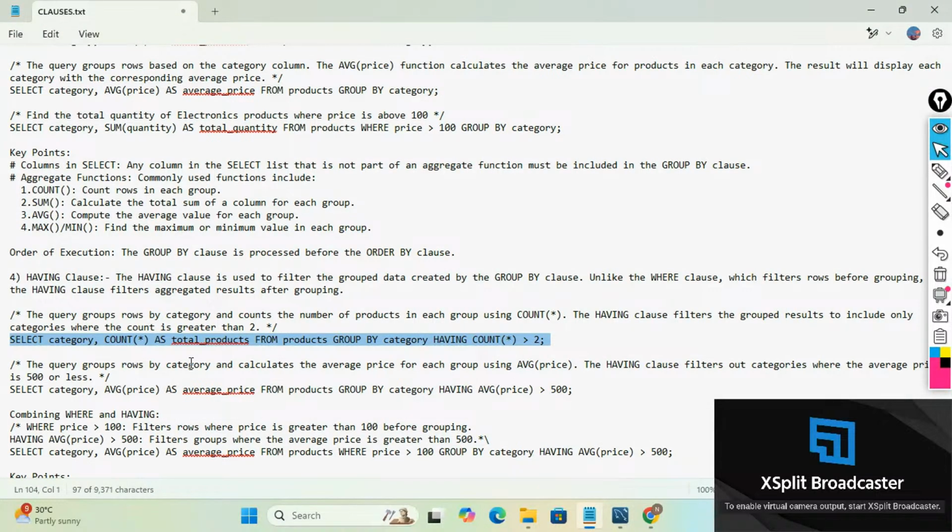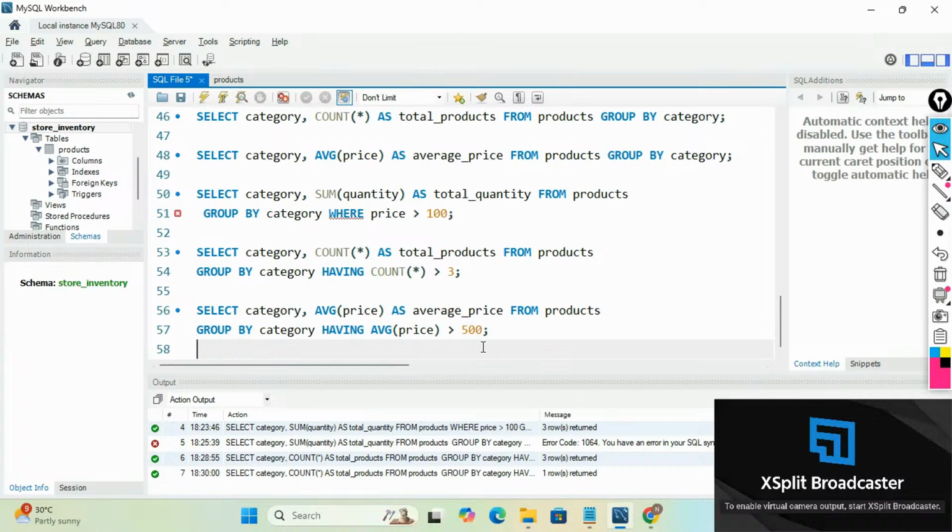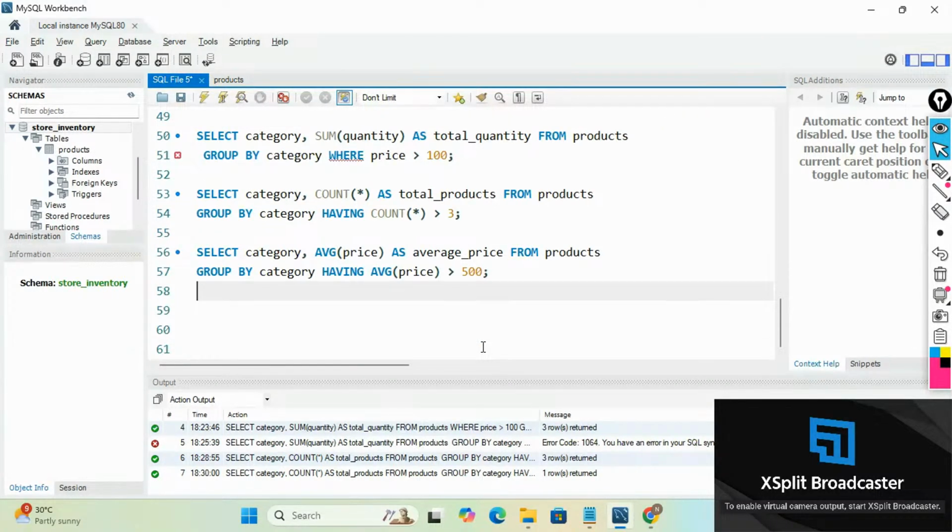Yes. I'll take one more example using both. So again, we have group by, then having. So try to understand first of all. Grouping based on the category column.